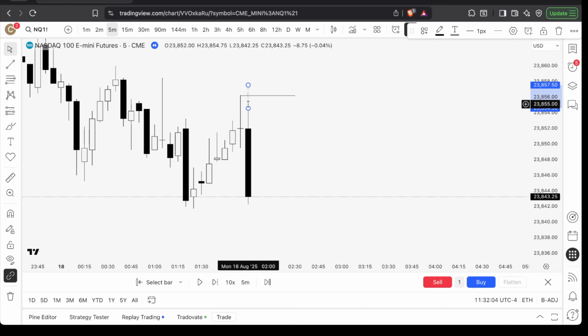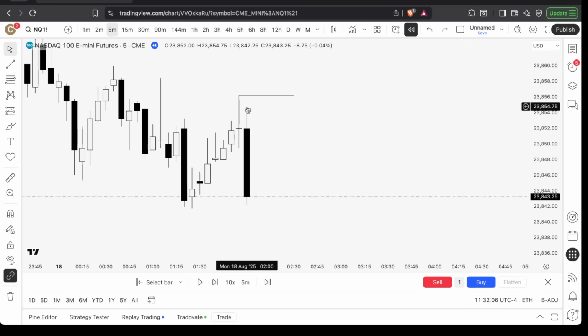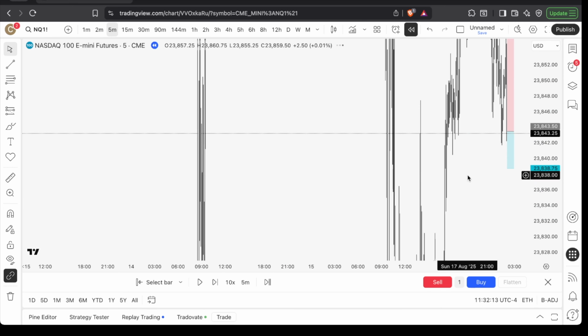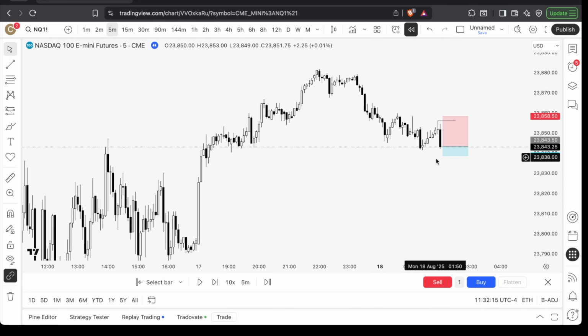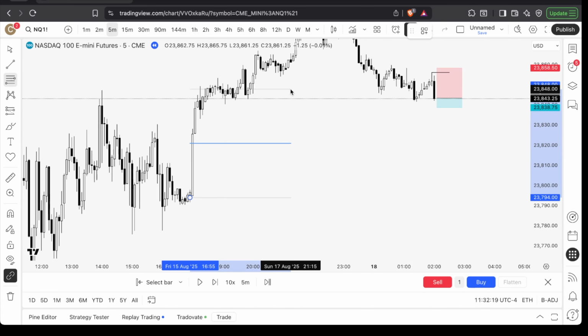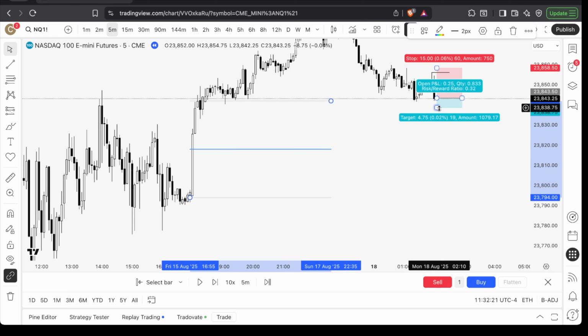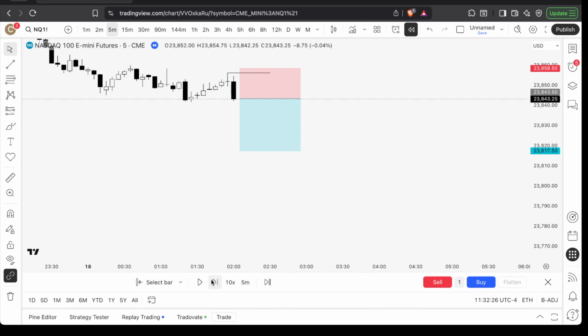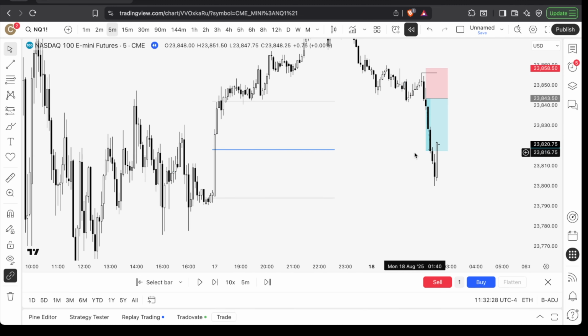But as you can see, in reality, it didn't do that. So in reality, you could have entered a short position right here and targeted whatever, the 50% of this. Let's just say 50%, right?